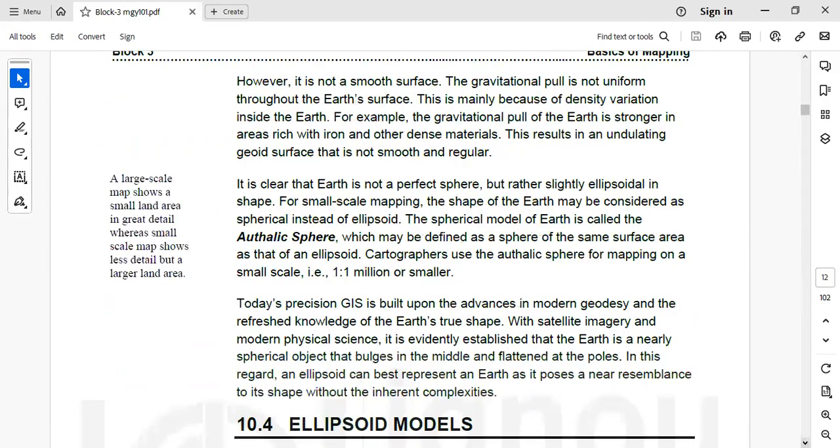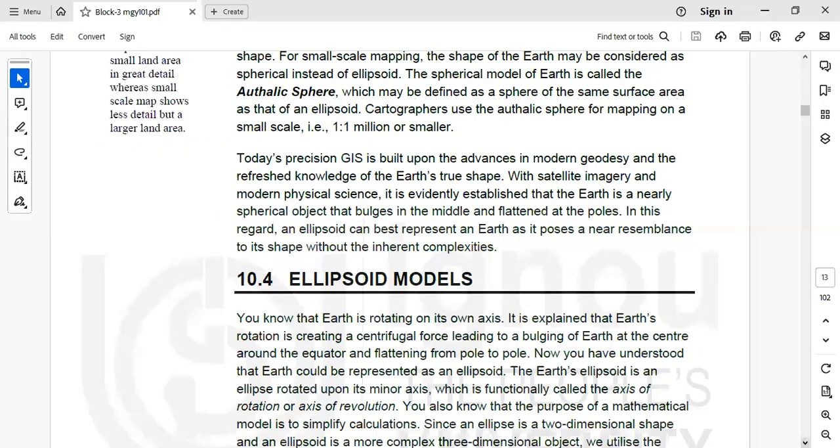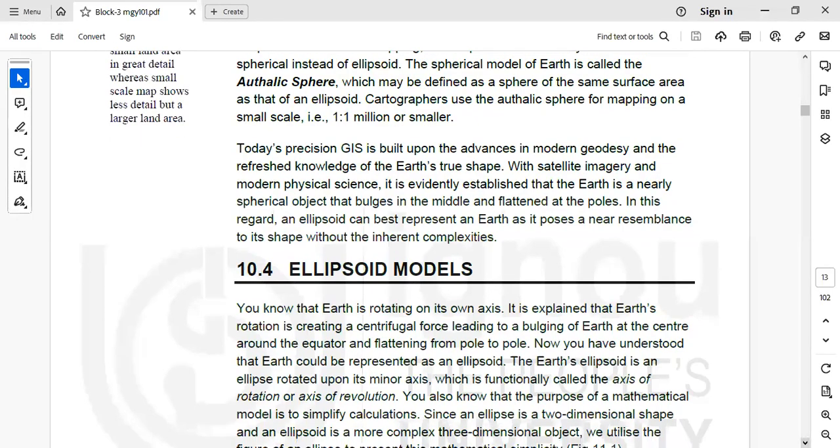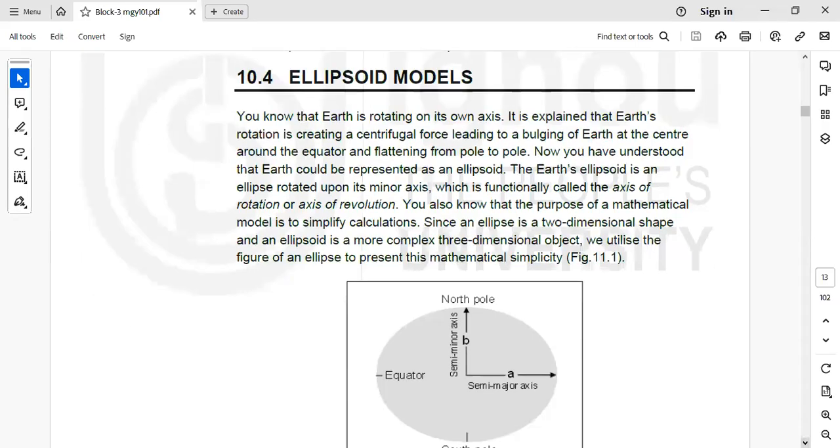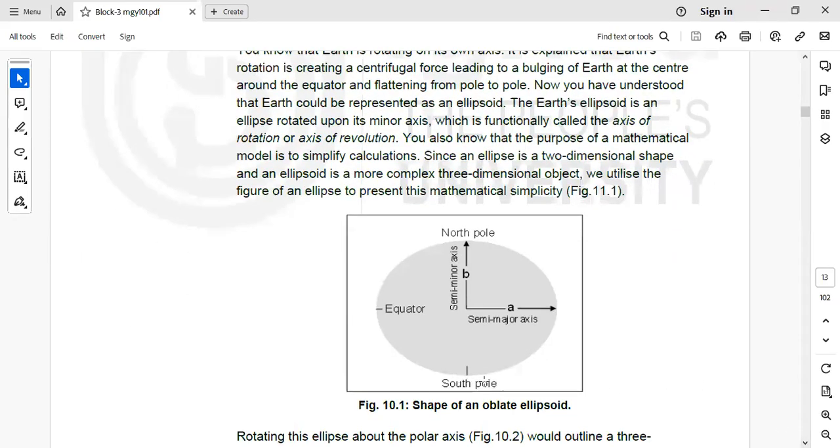The other model is the ellipsoid, which is based on mathematical calculations. Here we can represent the Earth's surface as shown in this figure.